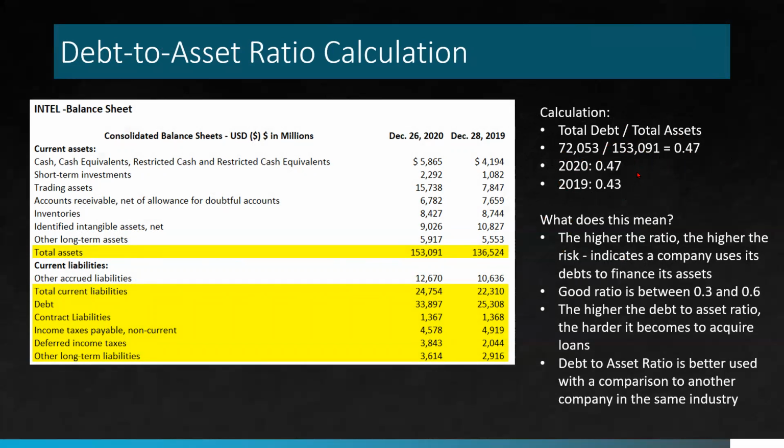I've done the calculations for 2020 and 2019. In 2019, it was 0.43. So that number is going up, it's increasing.